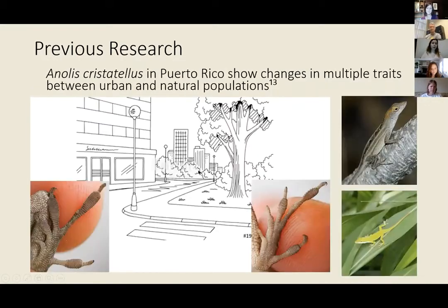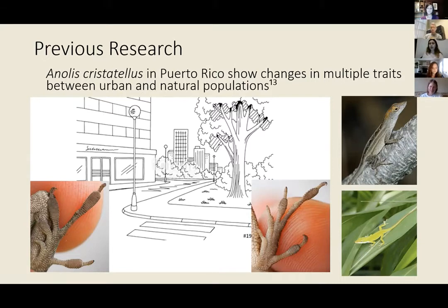So Anolis cristatellus in Puerto Rico show changes in multiple traits between urban and natural populations. Here you can see greater toe pad area in the urban population, smaller toe pad area in the natural population. Other things were lamellae number was increased in urban populations, and there were greater relative limb lengths in urban populations as well.